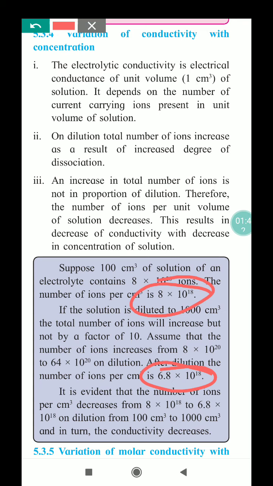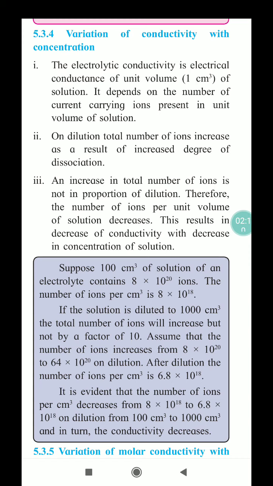It means that the conductivity decreases because the number of ions per centimeter cube decreases from 8 to 6.8 into 10 to the power 18 on dilution. So on dilution, conductivity decreases. On dilution, the total number of ions increases as a result of increase in the degree of dissociation.